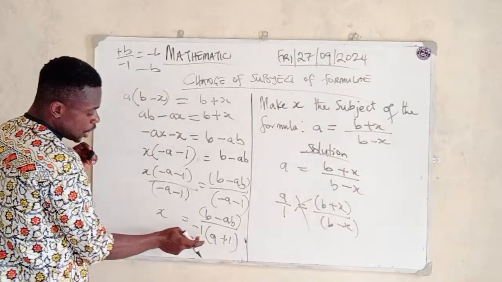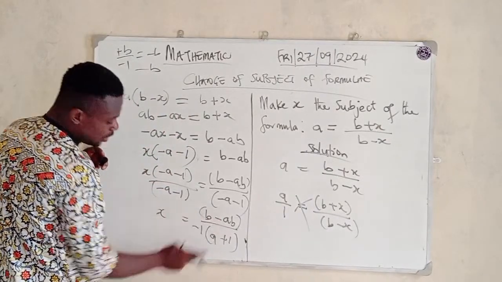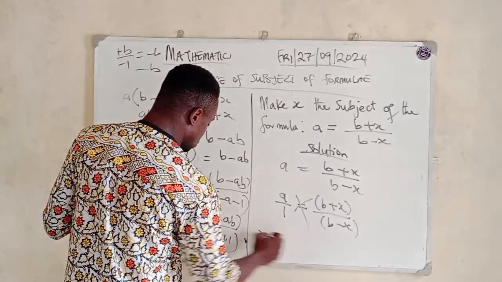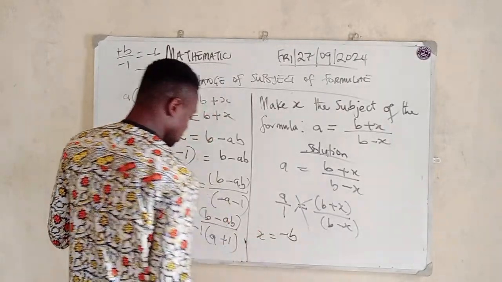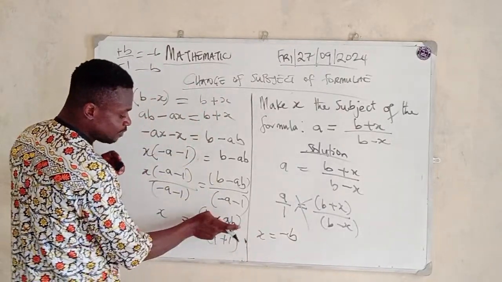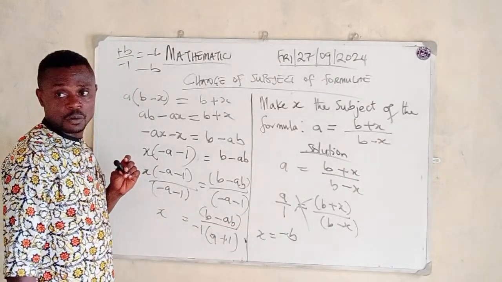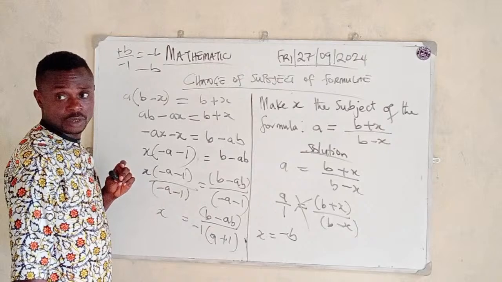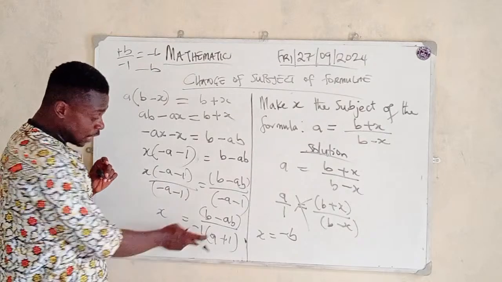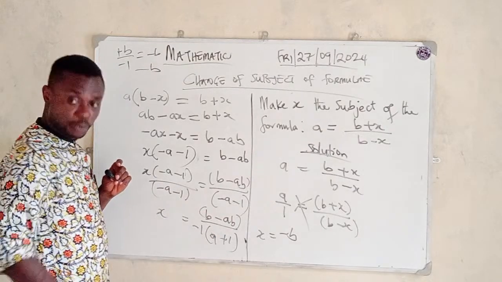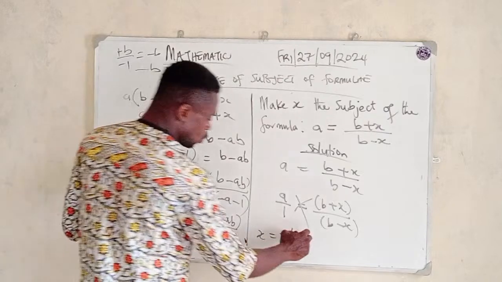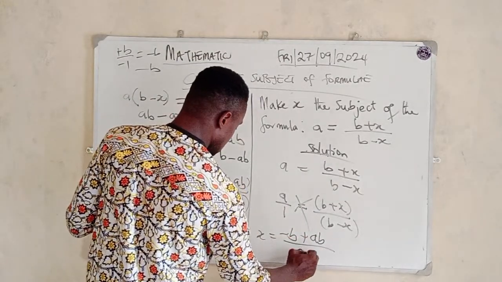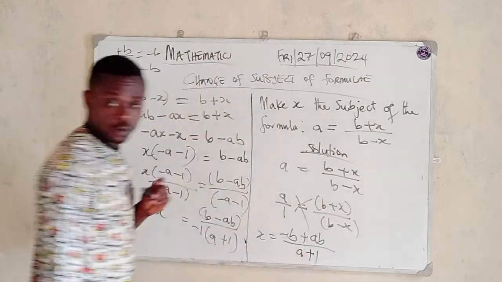Good. So here now, this minus 1 divide B, divide everything here. You have that x is now equal to what? Minus B. This divide minus AB is what? Minus 1 divide minus AB is plus AB, all over A plus 1.